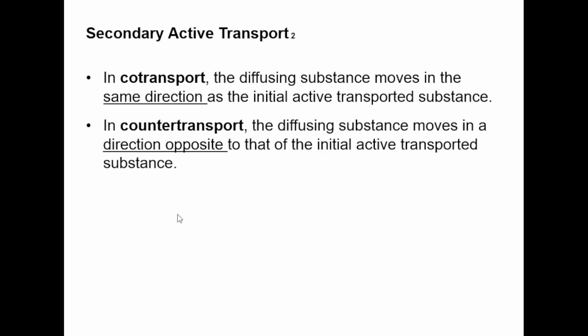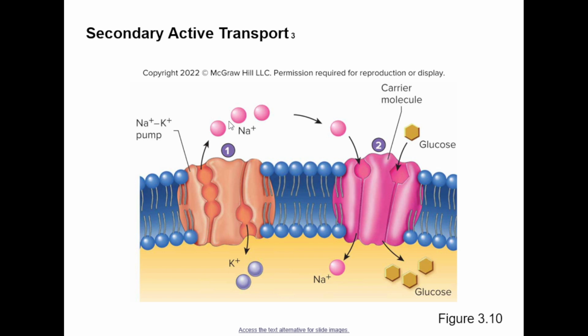Your co-transport and counter-transport. When we say co-transport, the diffusing substance moves in the same direction as the initial actively transported substance. So in this image, the initial actively transported substance is sodium, 'di ba? So sodium wants to go in and glucose also wants to go in.